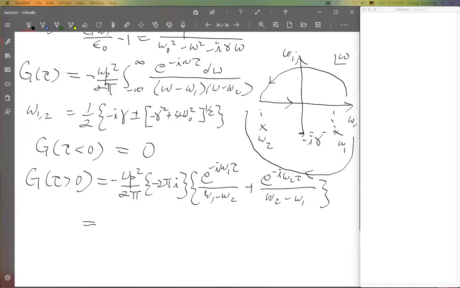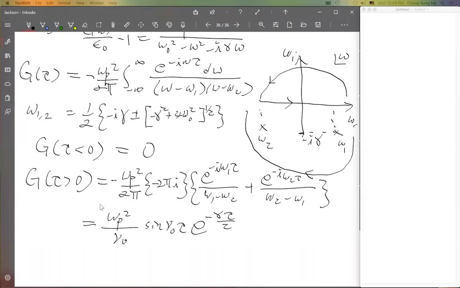After you subtract using this form, I will skip all this algebra, but you can take my word for it. The sum of the two exponential functions with imaginary arguments gives you a sine over here, but then there's a real factor in the exponential function, giving minus gamma tau over 2.